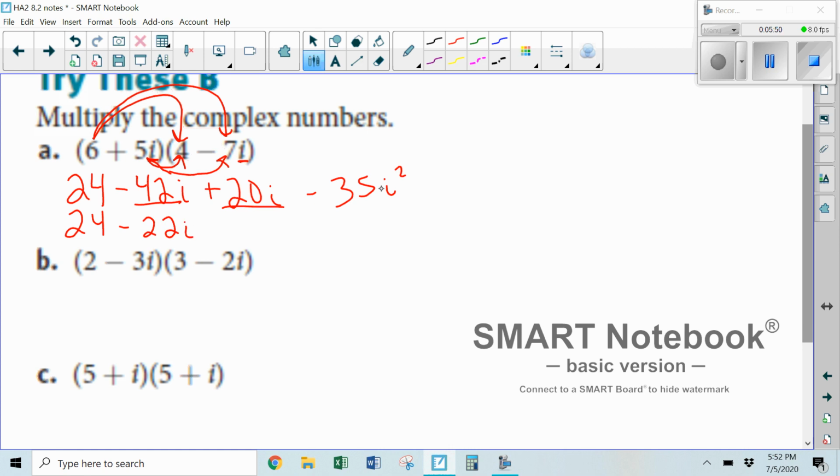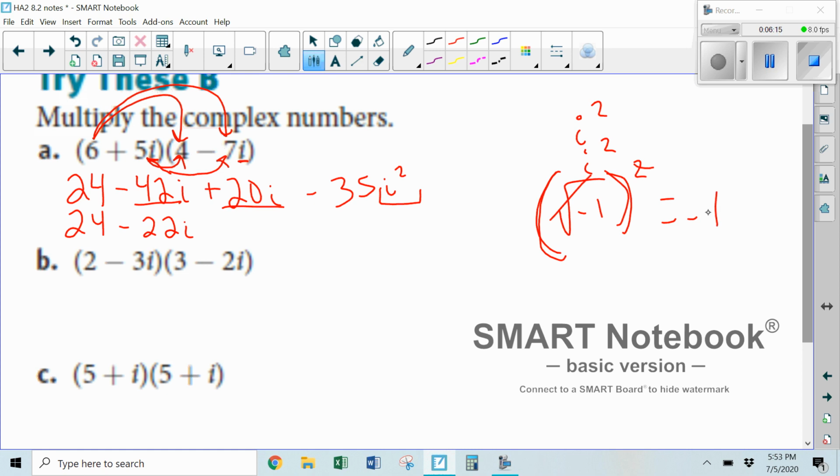And here's something new that we haven't worked on yet, but I want to introduce this. i squared. Think about i. So this is i. And what happens when I take i and I square it? When I square this, I get negative 1.